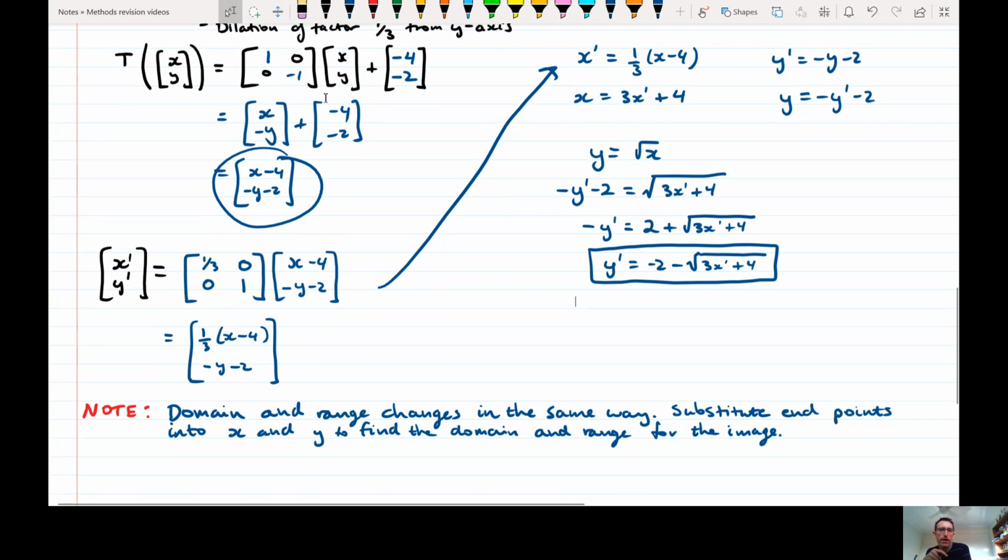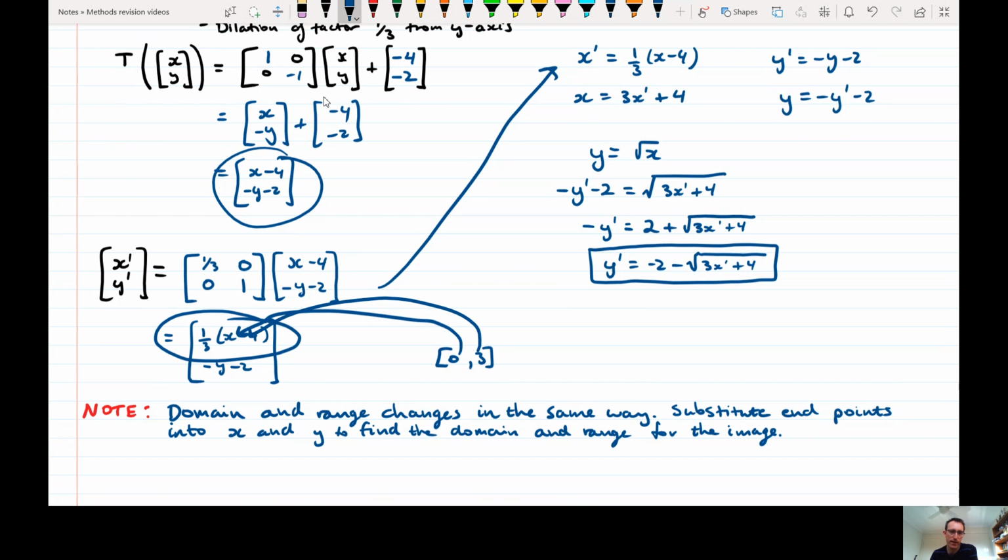Don't forget the domain and range can change in the same way. So if I have domain and range given to me in a question and asked to transform as well, you will transform your domain by using this transformation here. So if you had a domain of 0 to 3 like this, you would substitute x equals 0 in, and that'll give you the new end value.